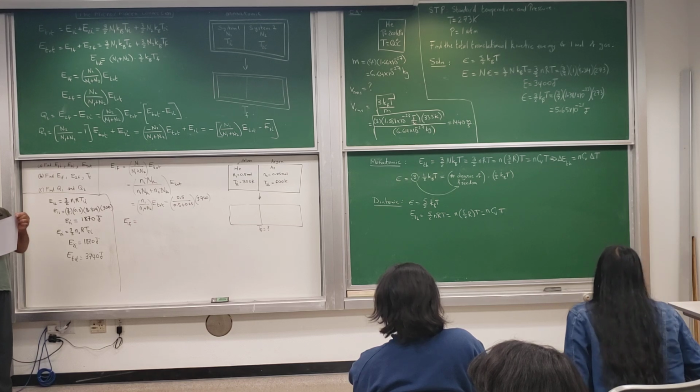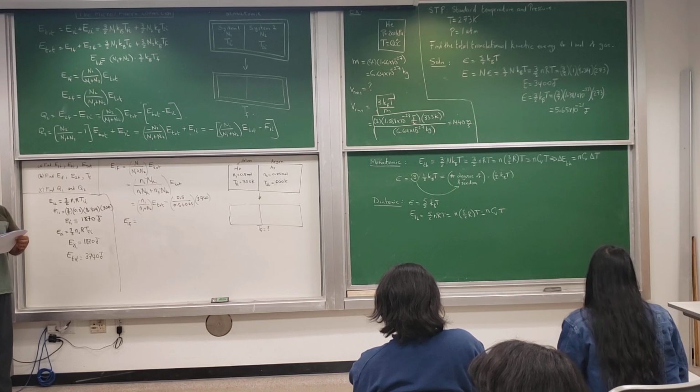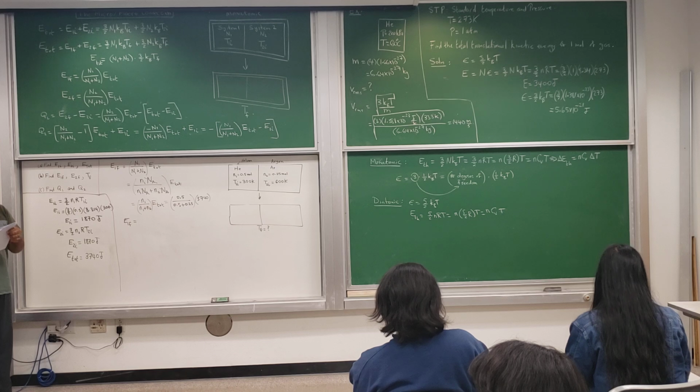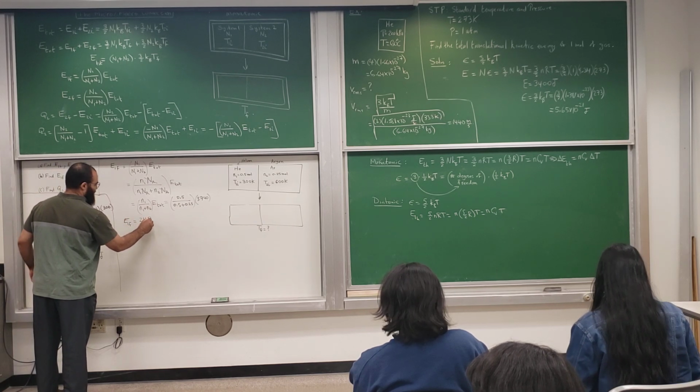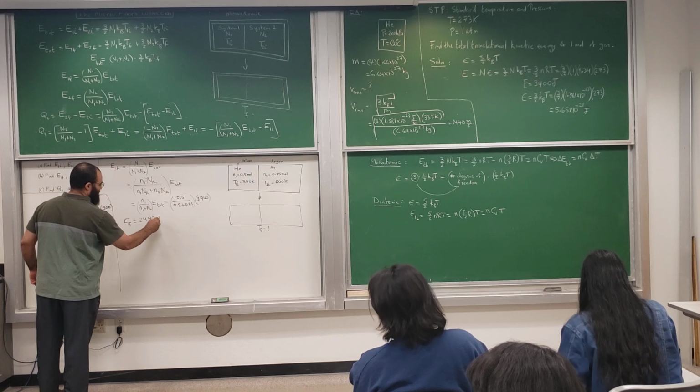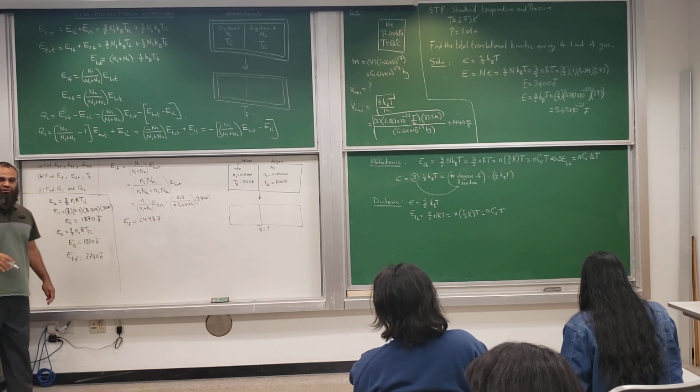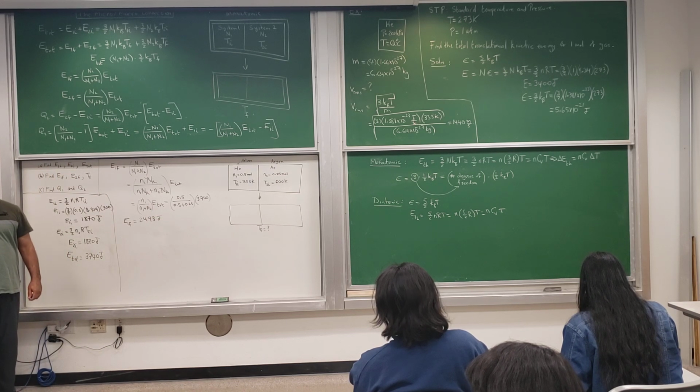Maybe about 2,490. Yeah. So 2,493, I guess, or 2,490 if you want to round up. Okay. So that's E1 final.